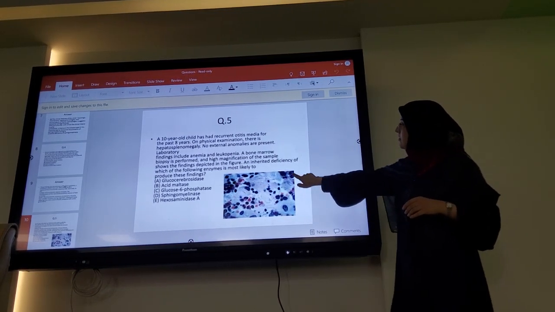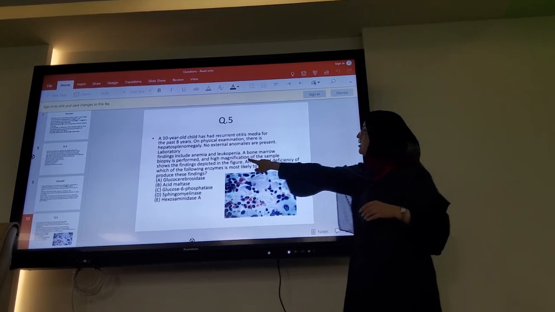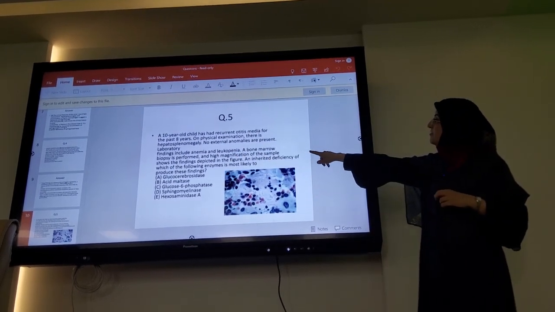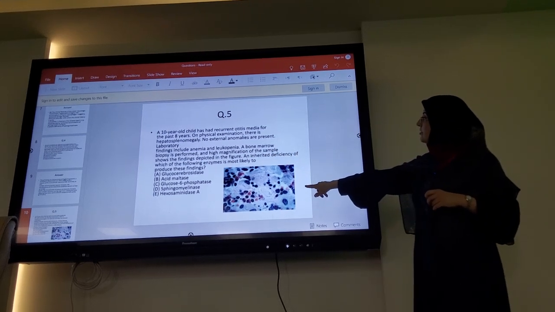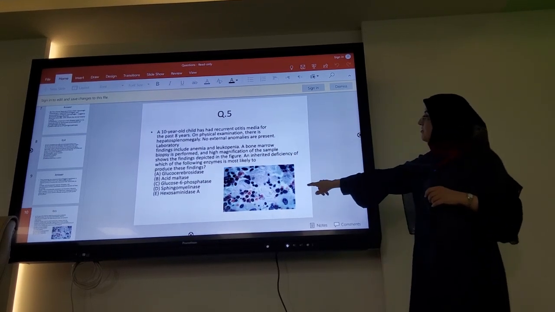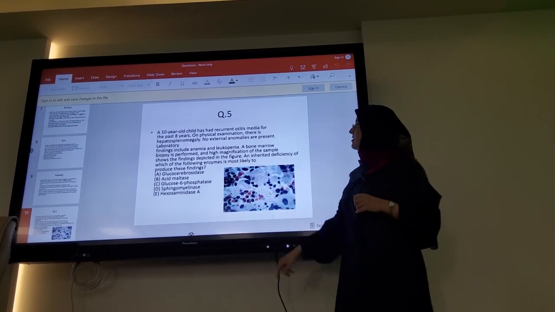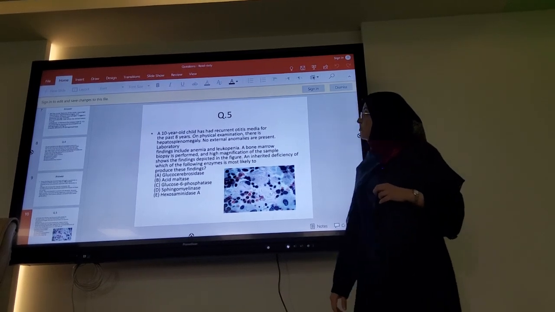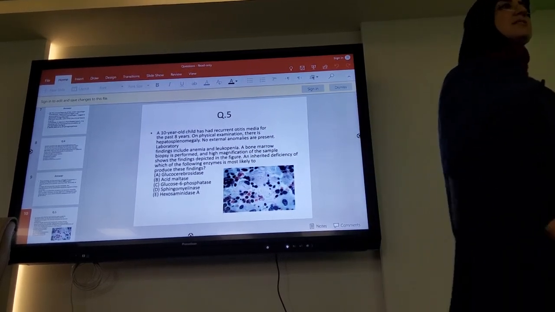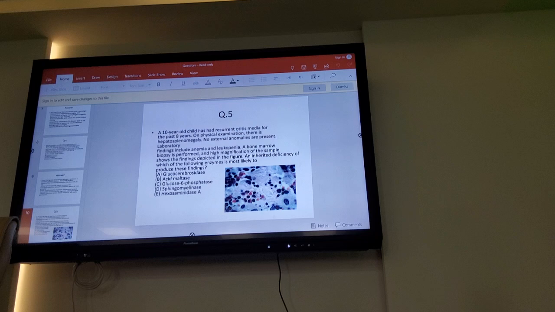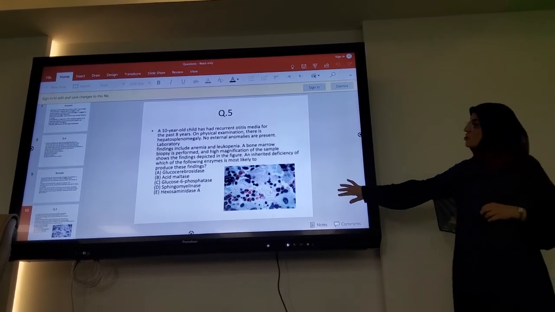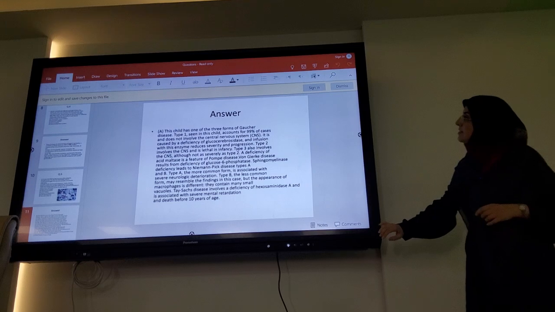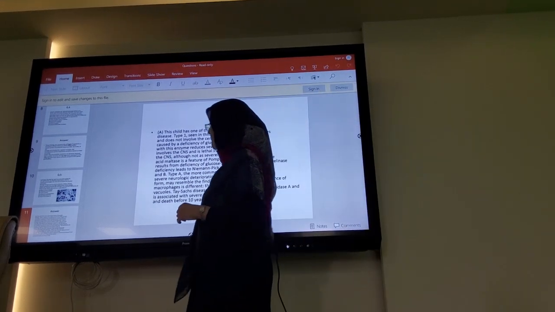So, a bone marrow biopsy is performed and high magnification of the sample shows the finding in the figure. An inherited deficiency of which of the following enzymes is most likely to produce these findings? What is the disease? Gaucher. Yes, thank you.